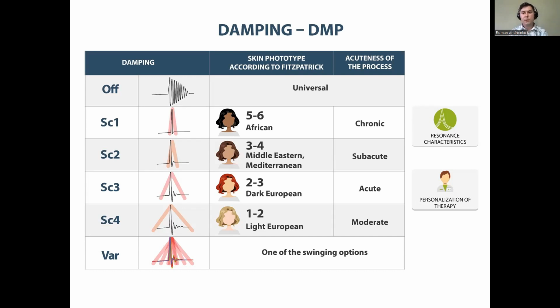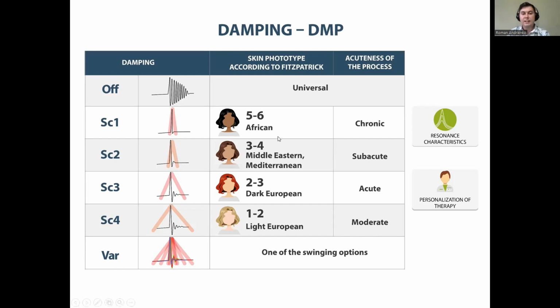It was proposed by one of the pioneers of Scenar technology, Dr. Yuri Garfinkel, who discovered that sometimes we need to make the scanner more accustomed to the certain patient in order to achieve the positive outcome, in order to achieve dynamics, because this is one of the most important things in Scenar therapy, to get dynamics.